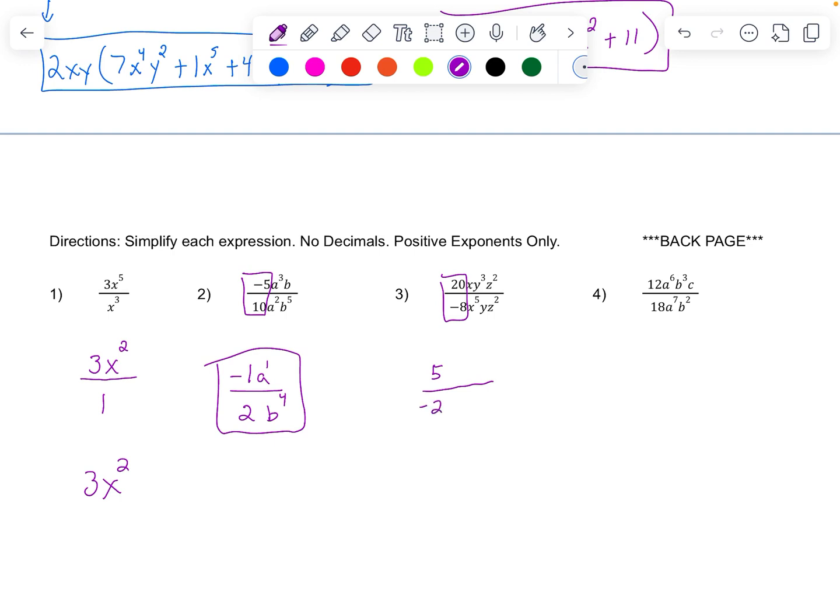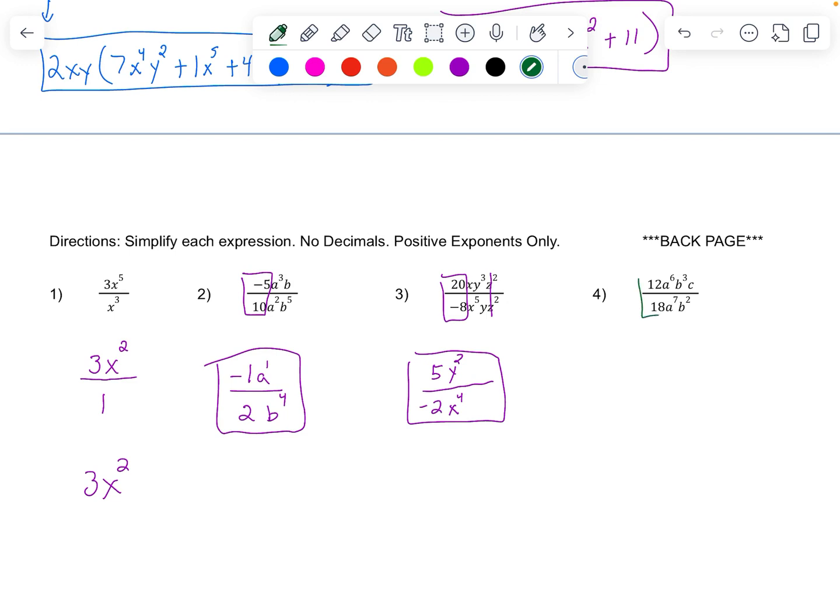So 5 over negative 2. If you have negative 5 over 2, that's fine as well, as long as there's a negative involved. X's, 1 on the top, 5 on the bottom. There are 4 left more on the bottom. Y's, 3 on top, 1 on the bottom. There are 2 more on top. And Z's, 2 on top, 2 on the bottom, so they actually cancel each other out. There are no Z's.